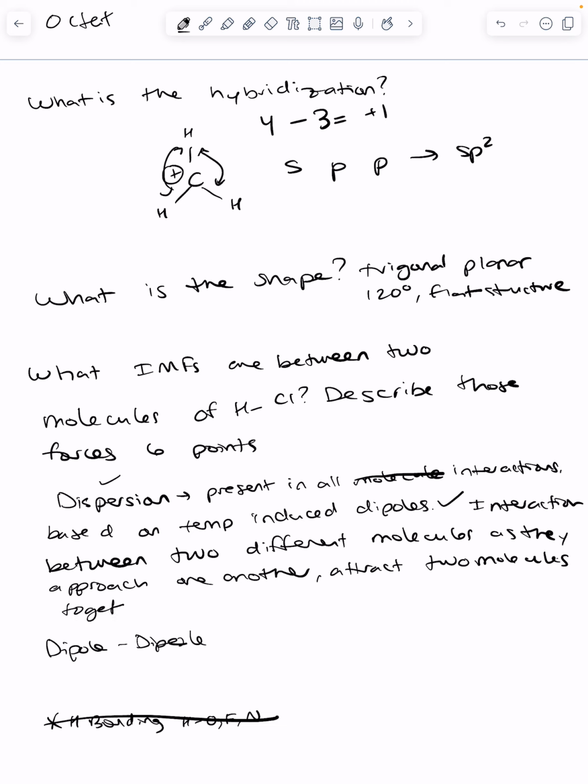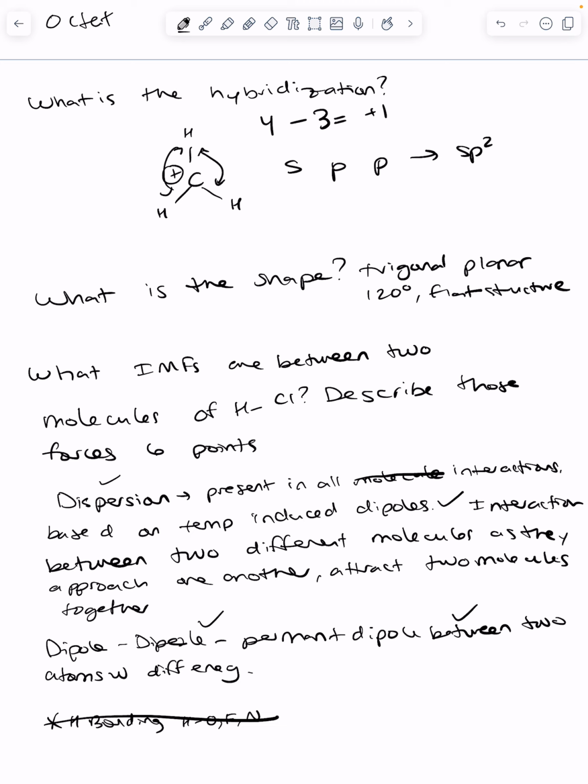A lot more of you did do that with the dipole-dipole. These are permanent dipoles between two atoms with different electronegativity. So if you said dipole-dipole, you got a point. If you said this occurs when there's a permanent dipole between two atoms with different electronegativity, that's fine.